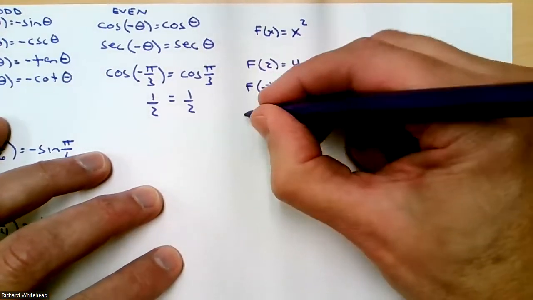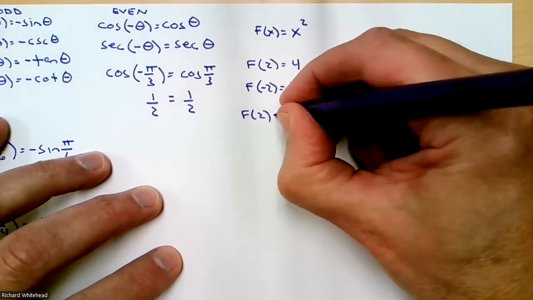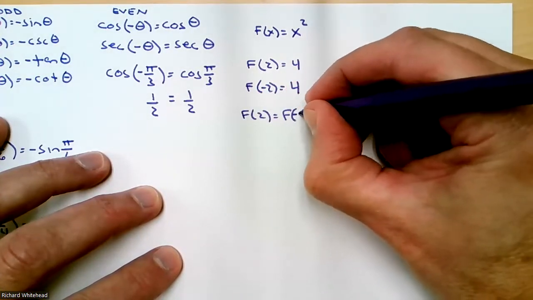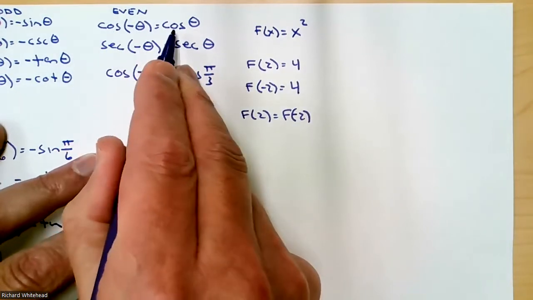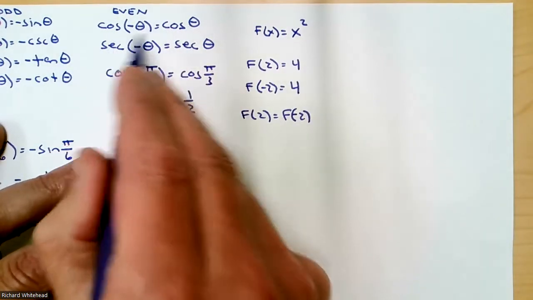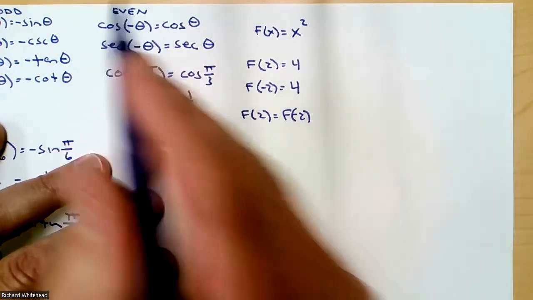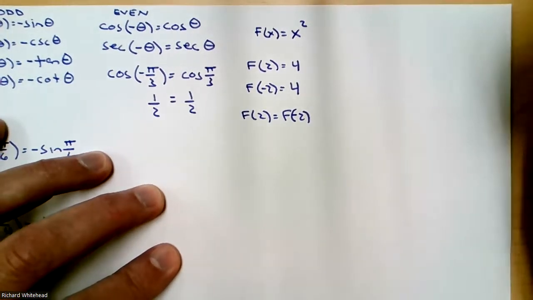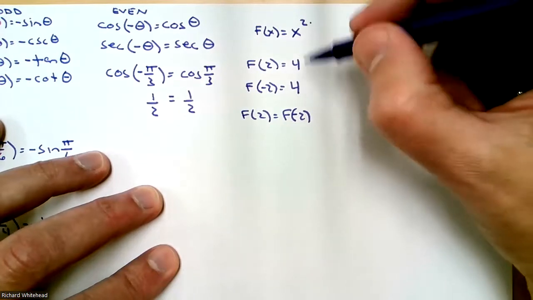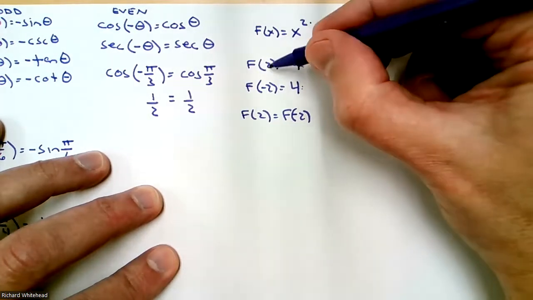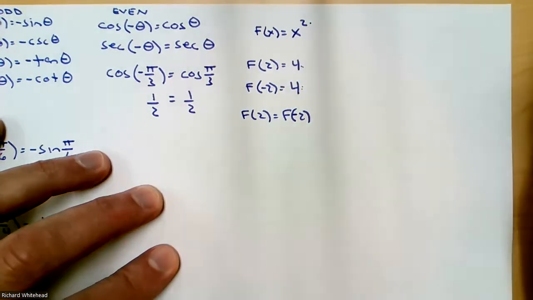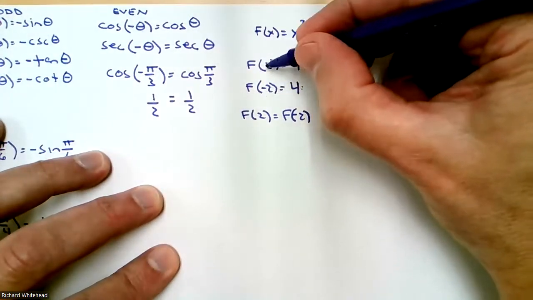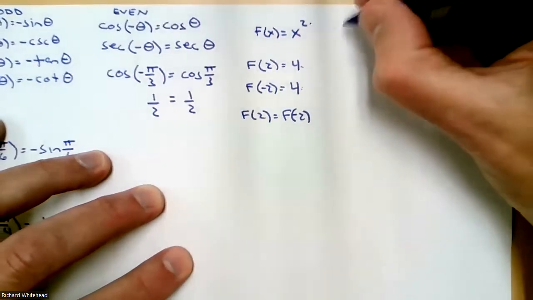So f of 2 was equal to f of negative 2, just like we're saying here. Cosine of pi over 3 is equal to cosine of negative pi over 3. So the way I always remember this is the even functions are like x squared. You would get the same answer if you change the sign, I mean the plus or minus.